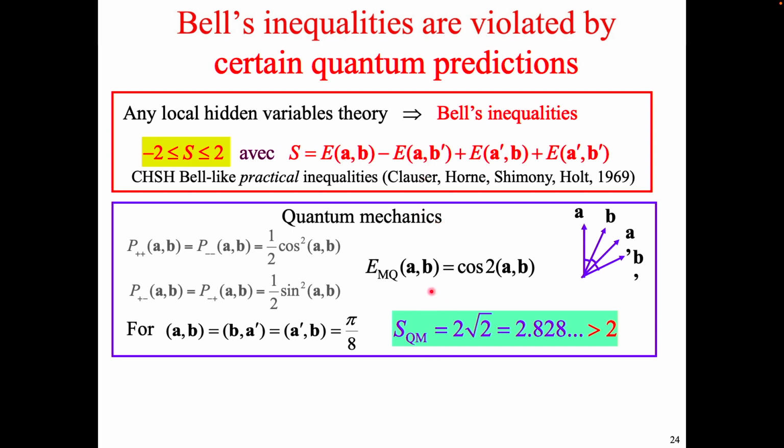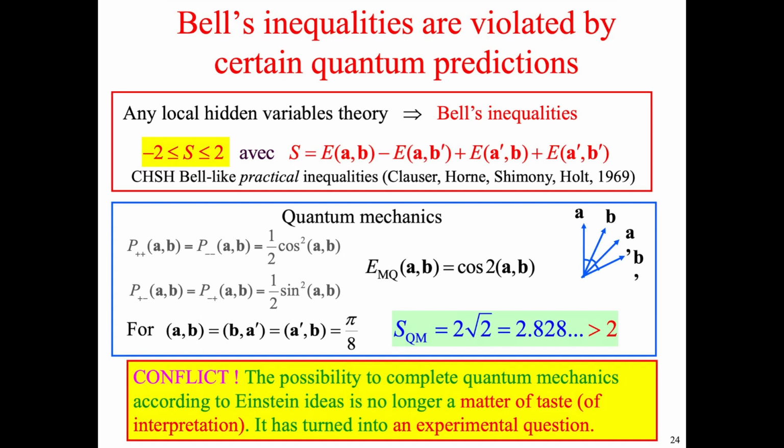This is Bell's theorem. You cannot mimic, reproduce the quantum mechanical prediction at any angle, and in particular you have a counterexample. You have a situation in which you cannot mimic quantum mechanics with a local hidden variable theory.